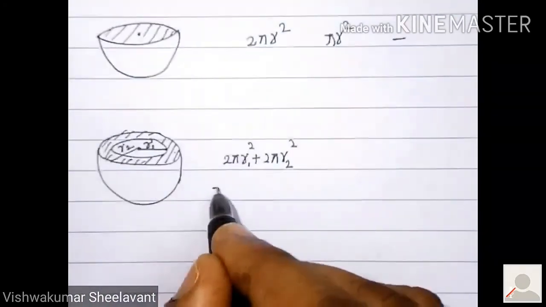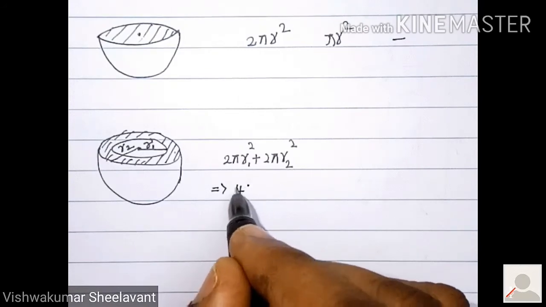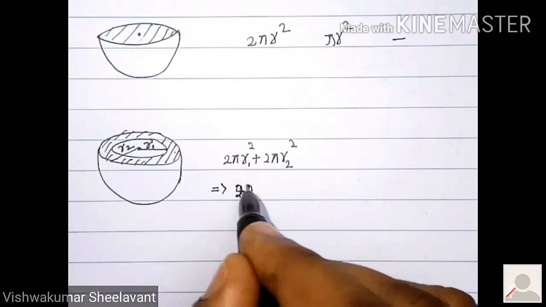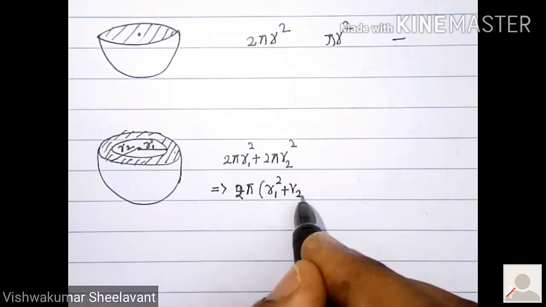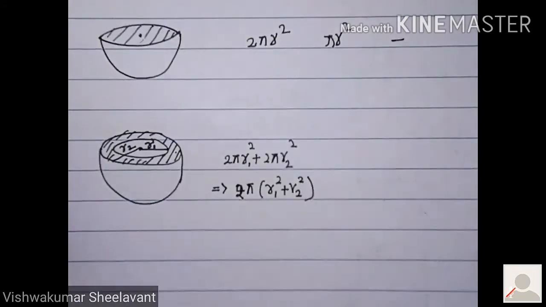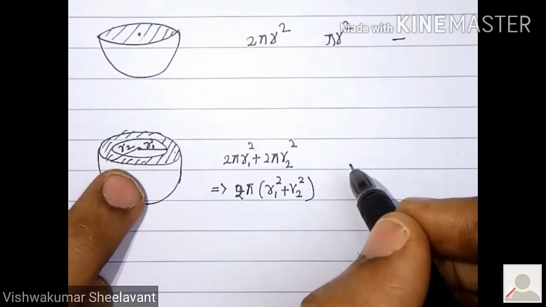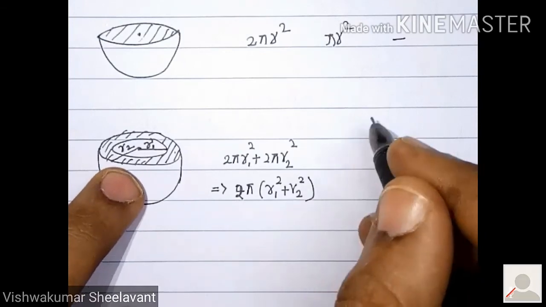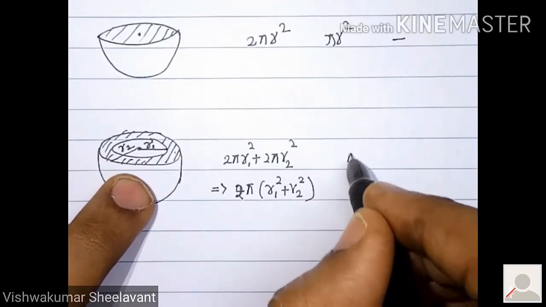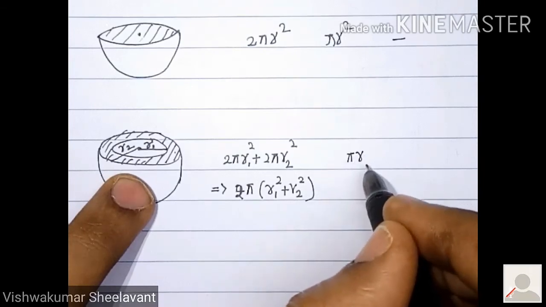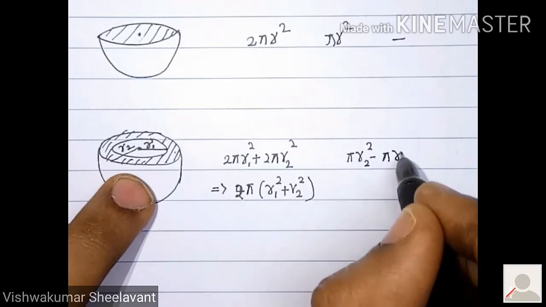So if you add these two here, you are going to get 2 pi into the bracket R1 square plus R2 square. And if we calculate the top area here, that will be equal to pi R2 square minus pi R1 square.